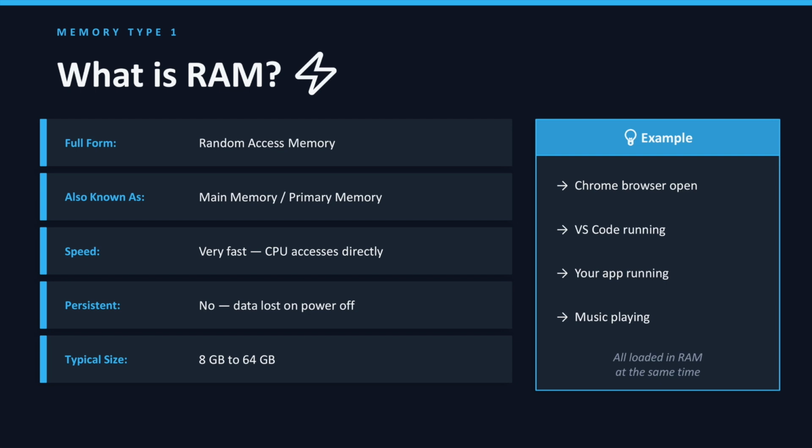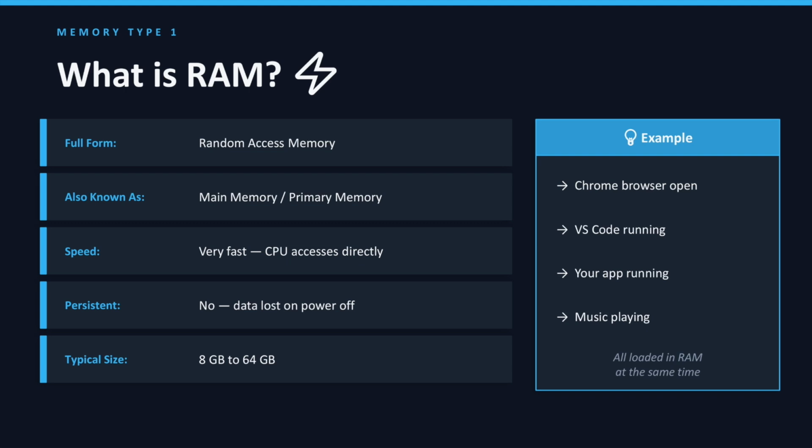RAM stands for Random Access Memory. It is also commonly called main memory or primary memory. Think of it as your computer's active workspace. Anything your computer is currently doing happens here. It is extremely fast because the CPU can access it directly without any delay. However, it is temporary.